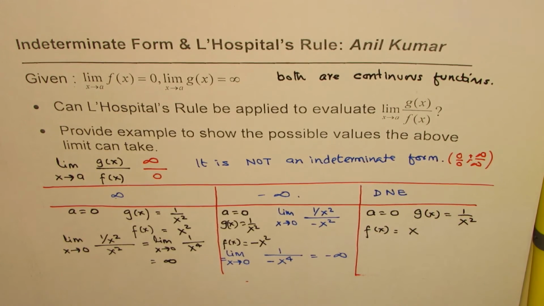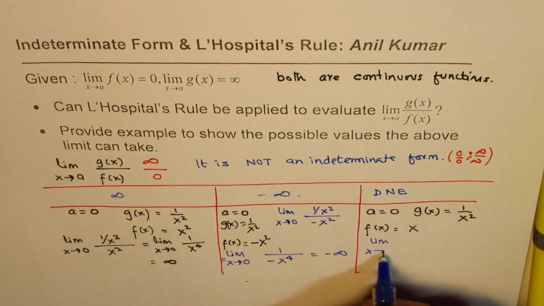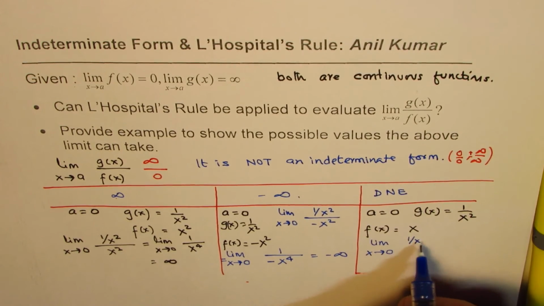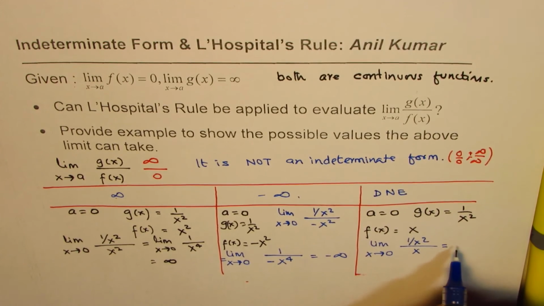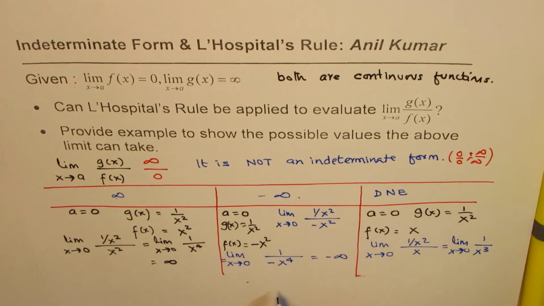Now, how does this change the scenario? The same limit can now be written as the limit as x approaches a, which is 0 for us, of g of x, which is 1 over x squared, divided by f of x, which is x. So that gives you the limit as x approaches 0 of 1 over x cubed.